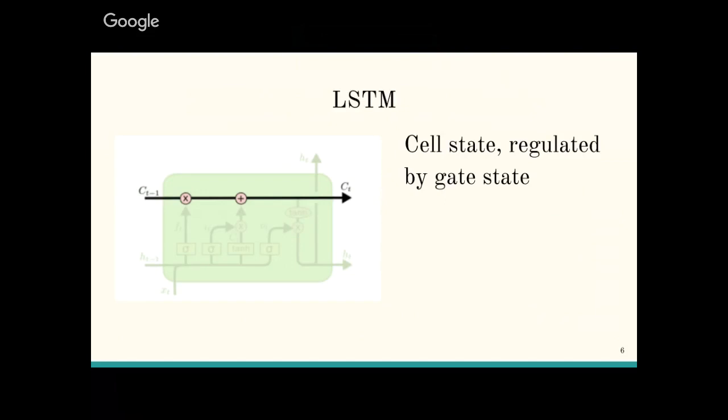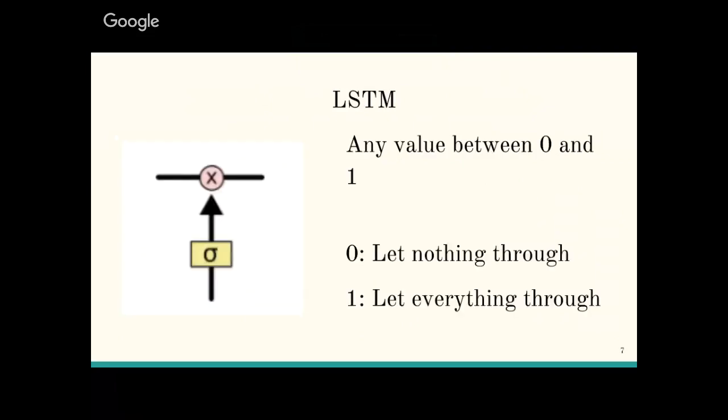In each cell state, you have a gate that combines the input and the previous state, and we have this sigmoid function to let pass more or less of the values that we take as input or from the previous step. So 0, we don't take anything, and 1 we take the whole value.